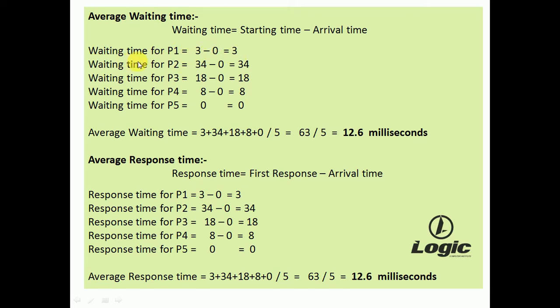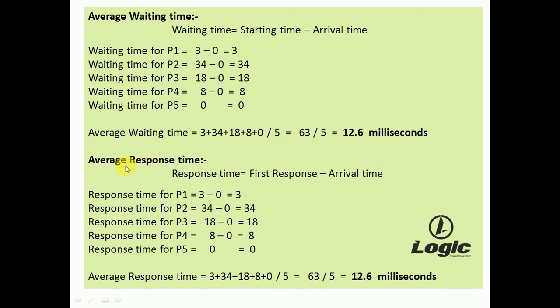Then calculate the waiting time for P2, P3, P4 and P5 using this formula, add the waiting times of P1, P2, P3, P4 and P5 and divide by the number of processes, which gives 12.6 milliseconds. This is the average waiting time.